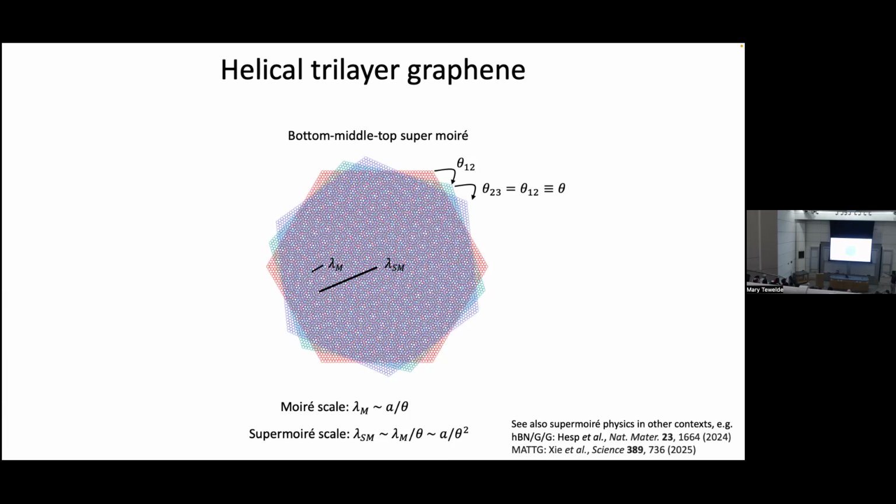Since it's interference between two moiré patterns, the super moiré wavelength is given by the moiré wavelength divided by theta again, or the original graphene lattice constant divided by theta squared, again in the low twist angle limit. And therefore you have basically three different length scales here. You have the atomic length scale a, you have the moiré length scale, which is a over theta, that's about 10 nanometers. And you have the super moiré scale, which is a over theta squared, that can be hundreds of nanometers.